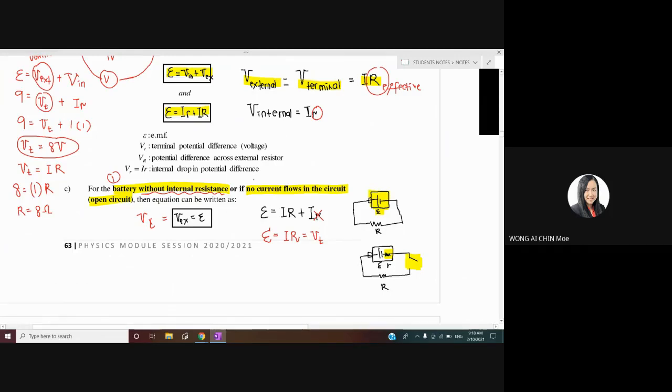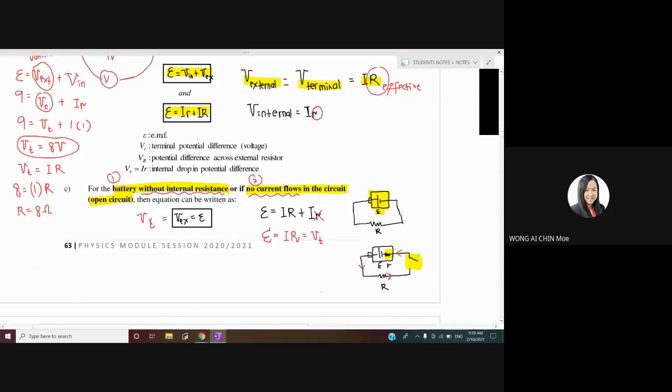Case number 2. If there is no current flowing through, meaning that arus itu dia tidak akan mengalir melalui our resistor. If no current flows through the resistor, meaning that kita punya internal resistor pun tak ada lah, kerana kita punya EMF equals to IR plus Ir.